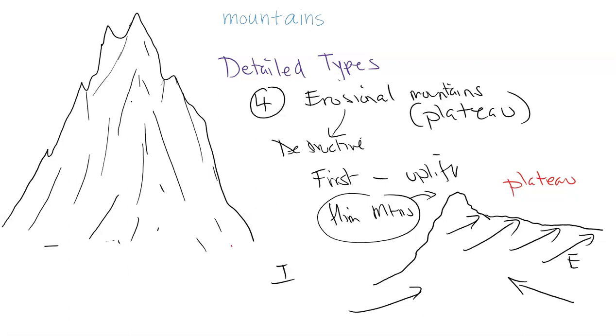Now, generally it's dry because it's in the rain shadow due to the Himalayan mountains, but you have this very high, flat area, and in this case, we have the Tibetan Plateau that extends for a long area.